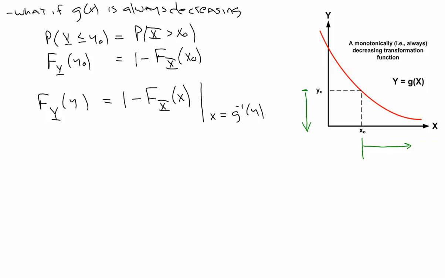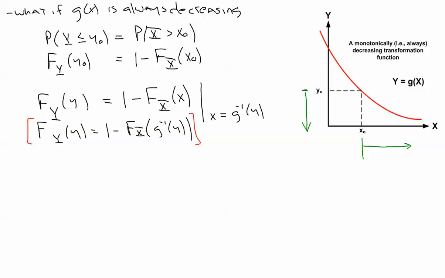All right? I made a mistake. That is a cumulative distribution function. I made it look like a probability density function. That is a cumulative distribution function. That's a capital F. And this is the final result so far.